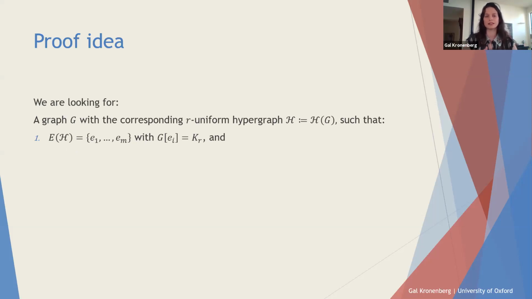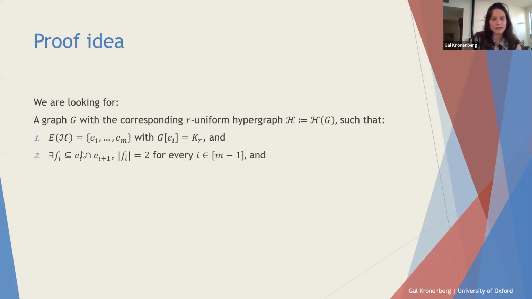G will be the graph that we get at the end of the process. And we want that every edge of every hyperedge corresponds to a copy of Kr in this graph. And we want to find two vertices in each hyperedge such that the hyperedges intersect in exactly these two vertices.